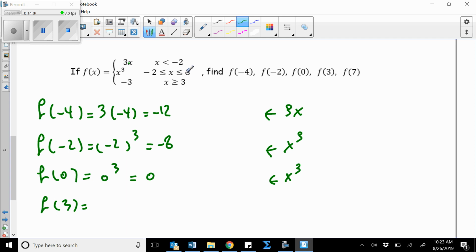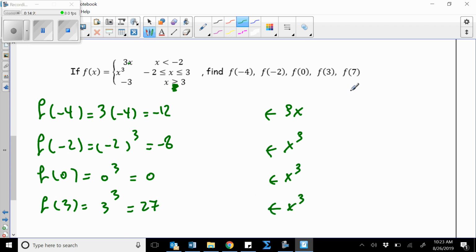It fits both here and here. Basically, this was just a typo. So let's just consider this one, all the x values which are greater than 3. So we can say it fits here. So again, 3 to the power of 3 is 27, because we use x to the 3.